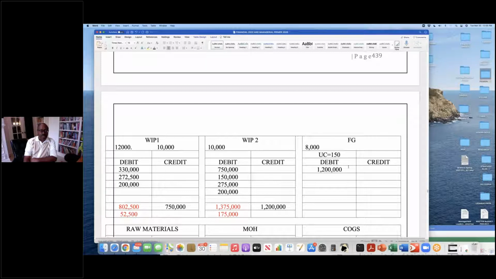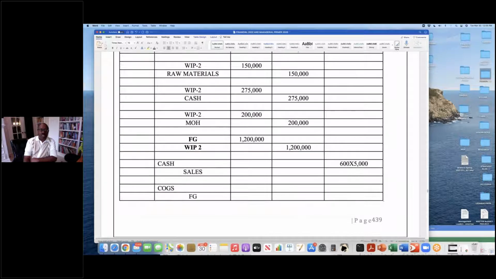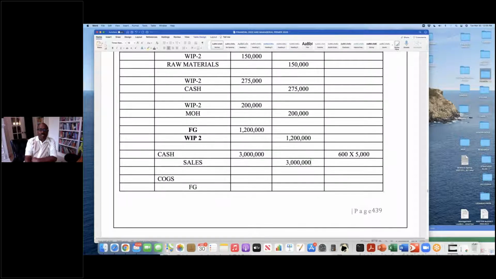So cost here is $1.2 million, the quantity is 8,000, so 150. Okay. Since we need the price until we sell it, what's our sales going to be? 3 million. And what's our cost of goods sold going to be? 750,000.